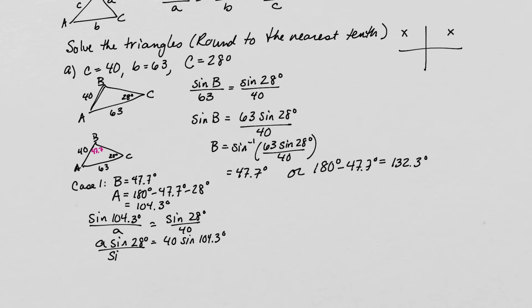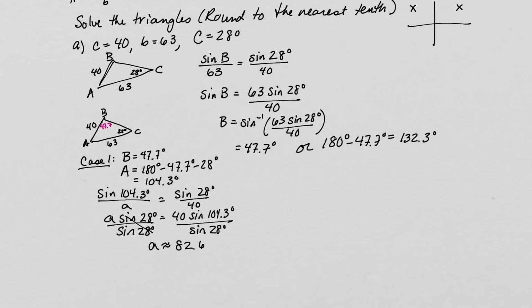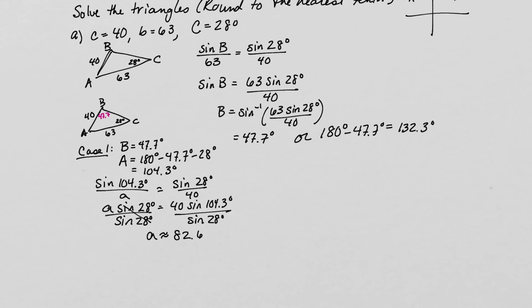We divide both sides by the sine of 28 degrees, and A is approximately 82.6. So that's the first case. This problem is going to have two answers when we write it down in a couple minutes.